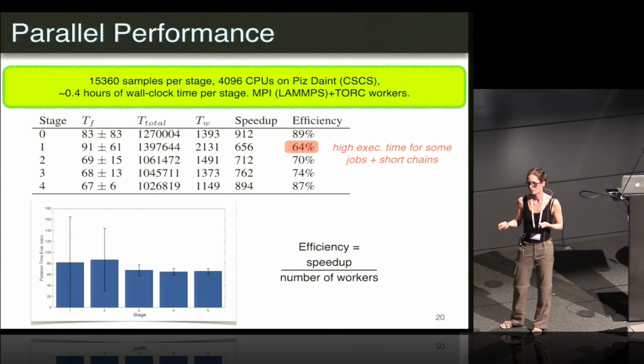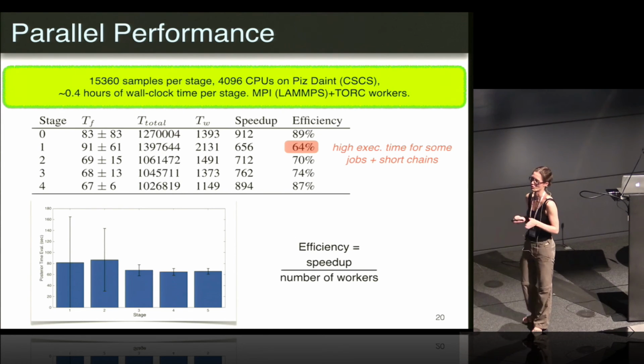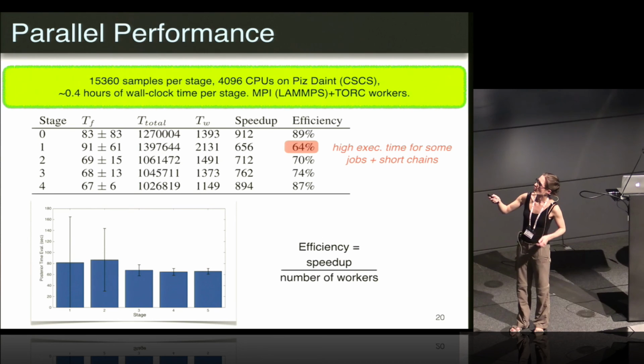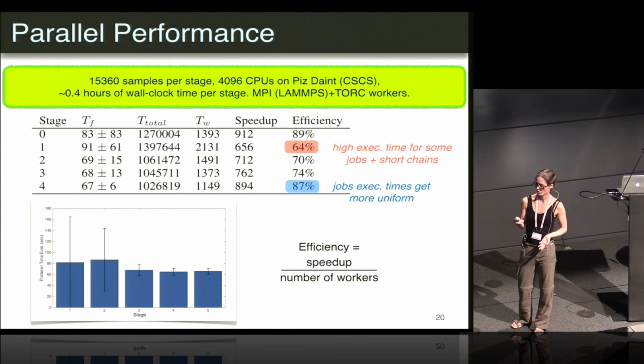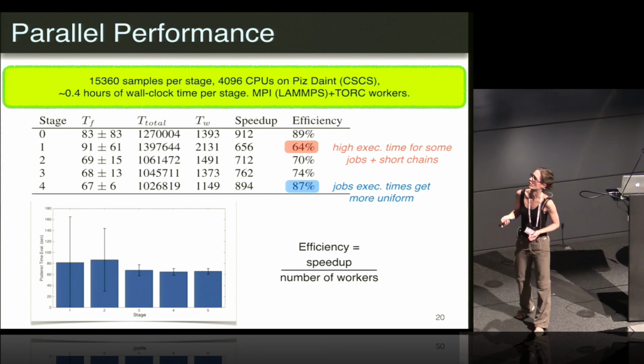So it might happen that one long run can overtake all the short runs. But when the runs get more uniform, we reach higher efficiency, and at the last stage it reaches 87%.